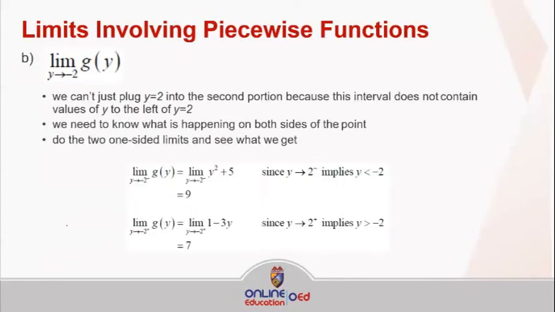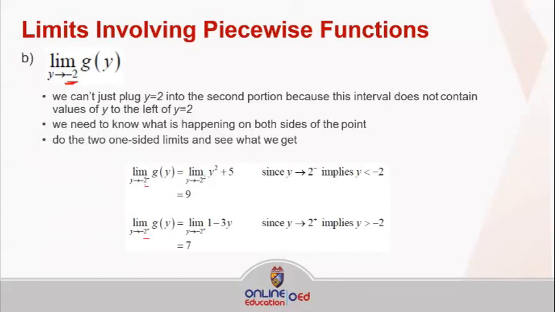Next is the limit of g of y as y approaches negative 2. We can use the left-hand limit, which is negative 2 from the negative side, and the right-hand limit, which is negative 2 from the positive side.